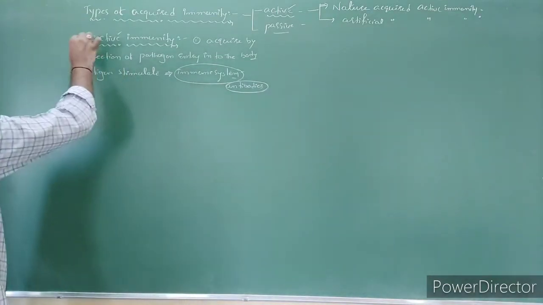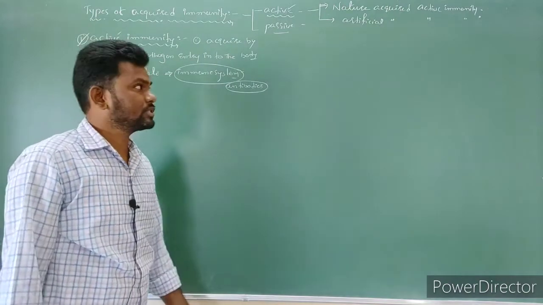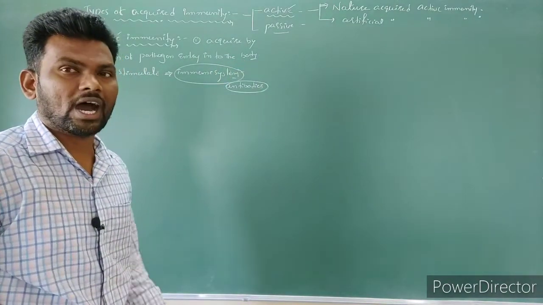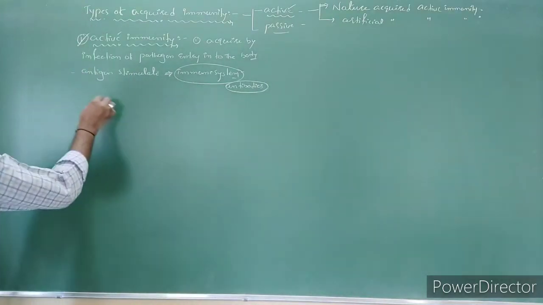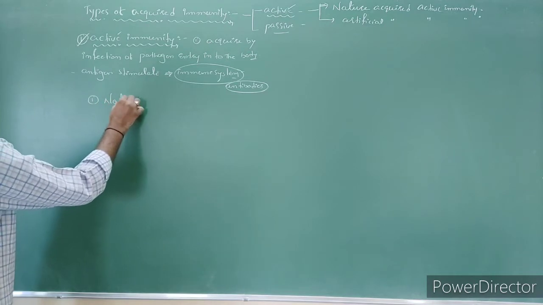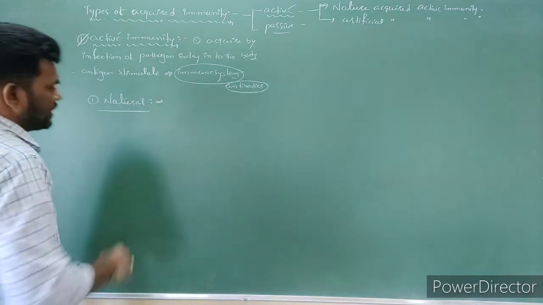So that is called active. It is again divided into two types. The first one is natural, the second one is artificial. Very simple. The first one is natural. The same definition I have to write.